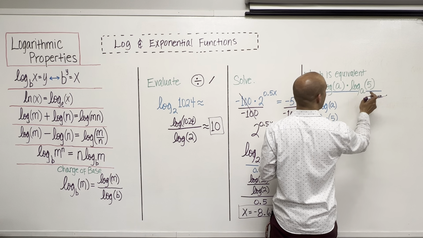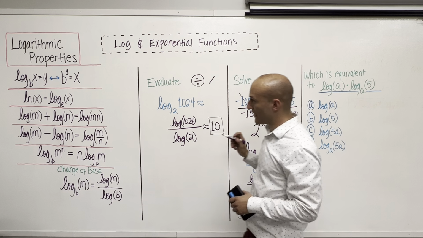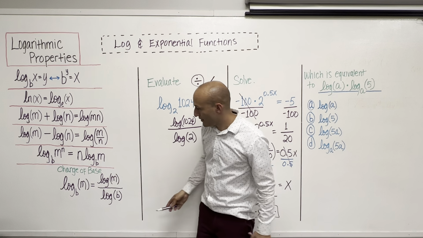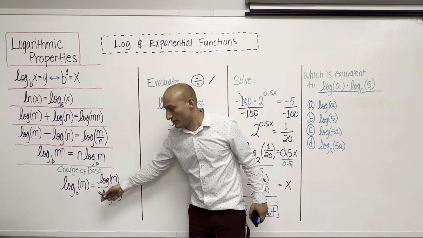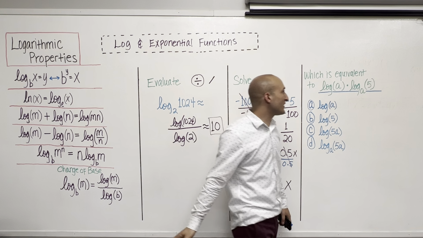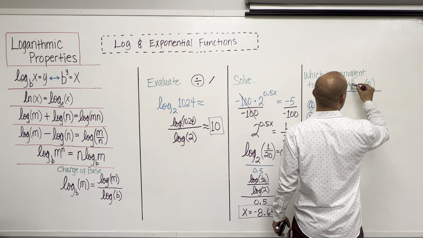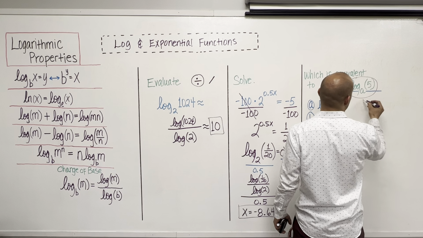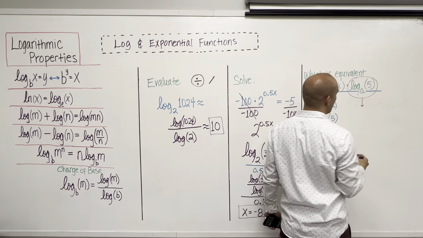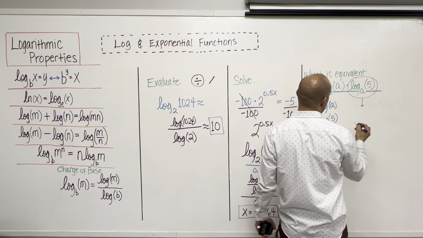Well, if I take a look at that, I feel like I can apply the change of base property here. So I'm gonna grab this one and use the change of base property.